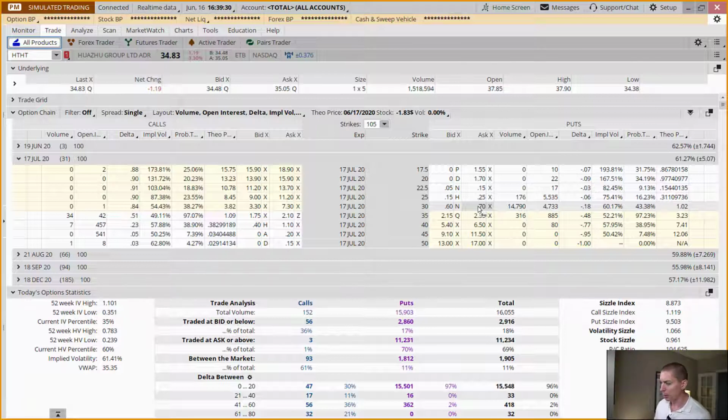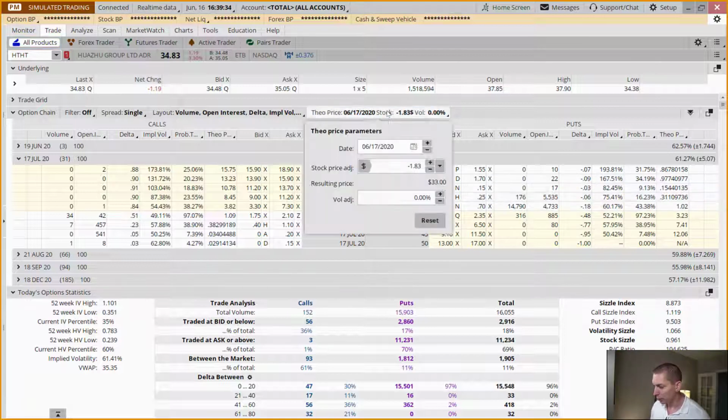Now, I did a little bit of forward math here, or forward theoretical pricing. If we just did the pricing of these options, and we have vol up about 1%, because volatility will go higher once prices do go lower in this. So I moved it down $1.83, and let's move it up to 2 days. So on the 18th, let's just say the 19th.